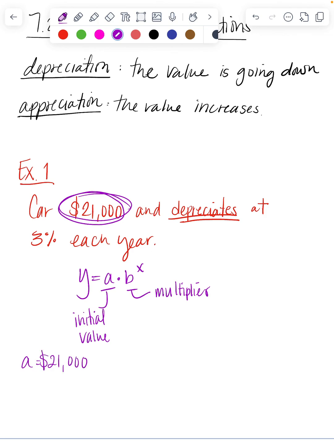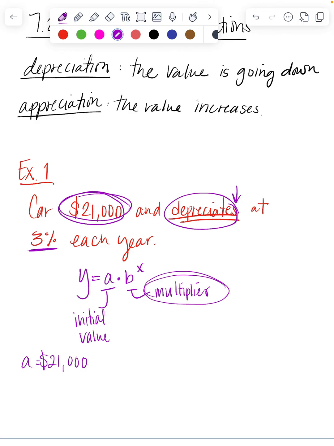And my car is depreciating. Remember we said that depreciating means that the value is going down. So we need to find our multiplier. That was not given to us. It was kind of given, but we do need to find it. We know that it is going down at 3%.